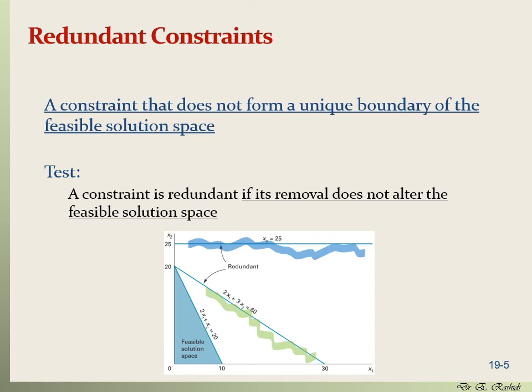So they are not important in our model or in our problem. These are called the redundant constraints. That means that you can just get rid of them. You can ignore them and not include them in the model. You can just delete them from the model.